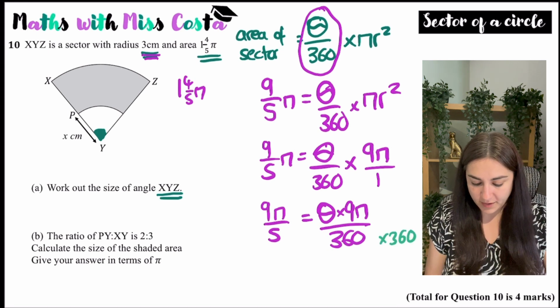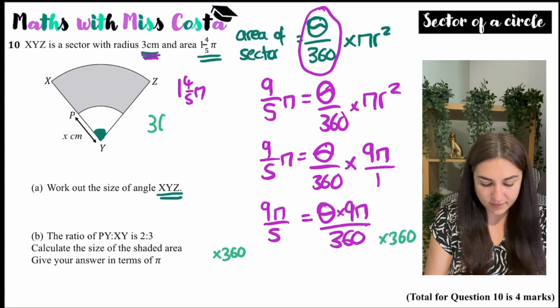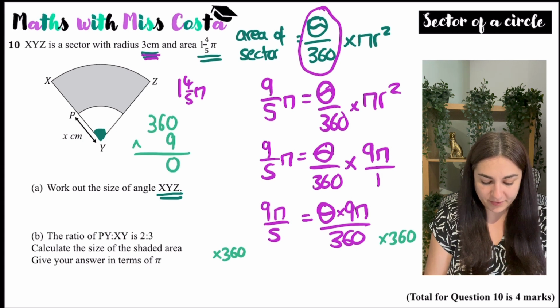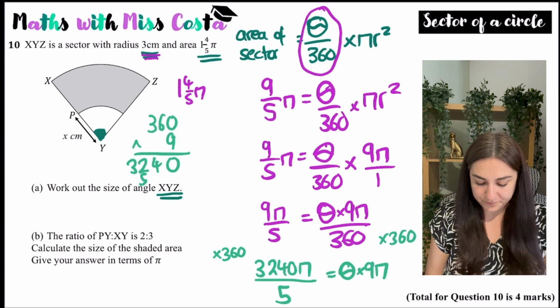Well, I can multiply by 360. 360 times 9: 9 times 0 is 0, 9 times 6 is 54, and 9 times 3 is 27, add the 5 is 32. So that would give me 3,240 pi over 5 equals theta times 9 pi.